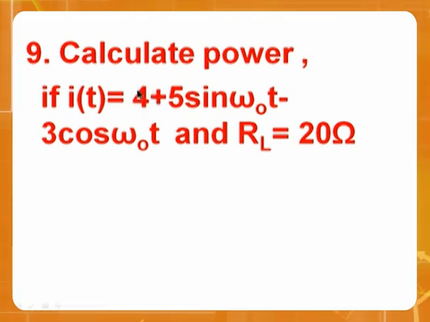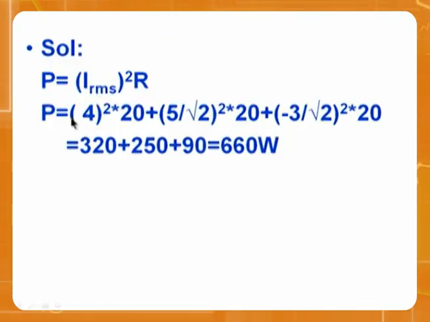No sine, no cos, no angle, nothing is attached. It is a DC term. So I took simply 4 square into 20, and 5 by root 2 for all the others. When you calculate, the total power is 320 plus 250 plus 90, which is equal to 660 watts.